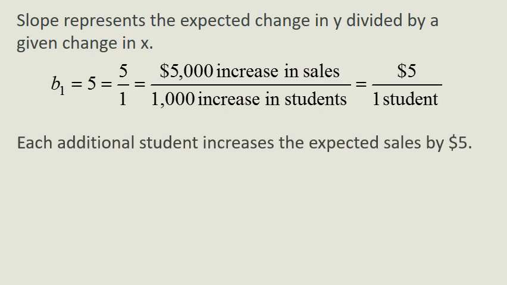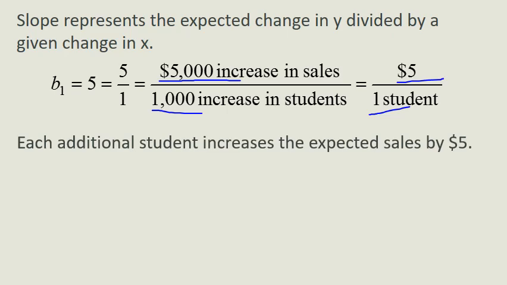Then the slope coefficient 5 is the expected change in y. And since student population and pizza sales are both measured in thousands, this means that an increase of 1,000 students would lead to an increase of $5,000 in pizza sales. Or that could be simplified to saying that each additional student adds $5 to expected pizza sales.